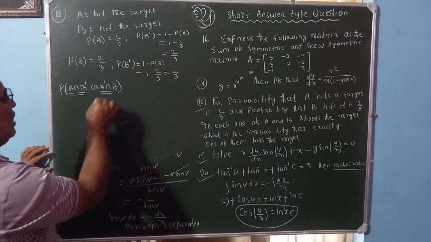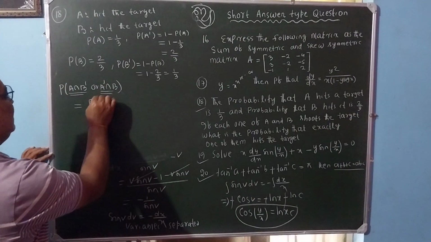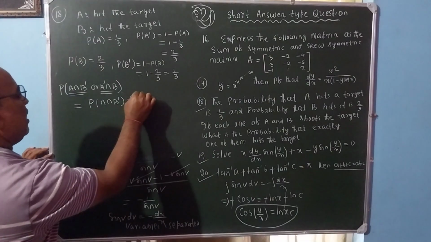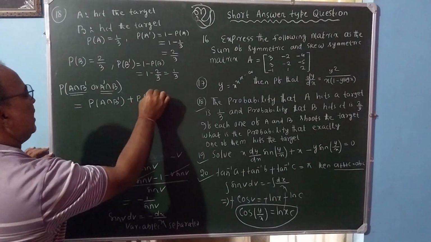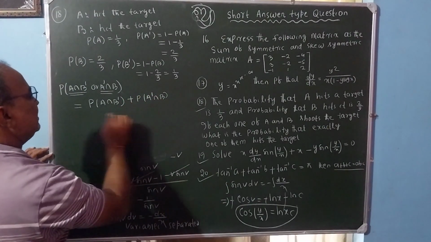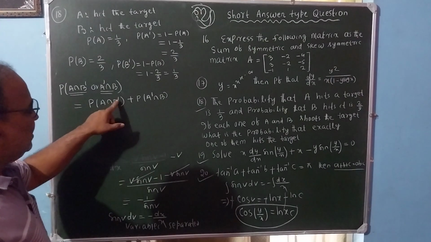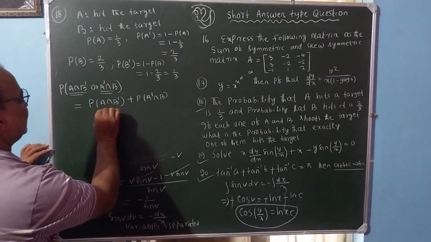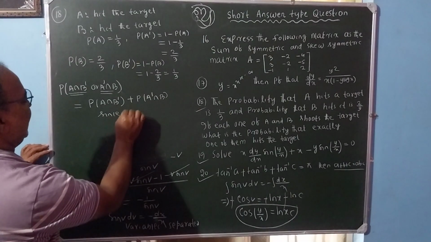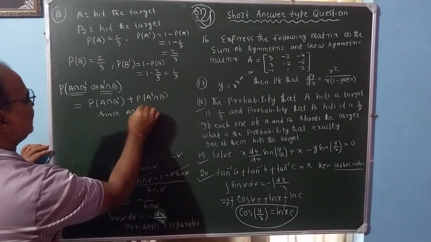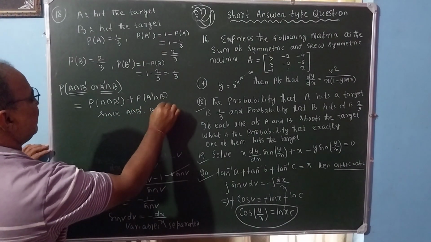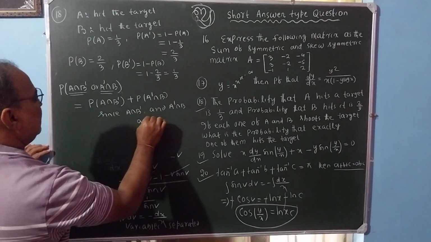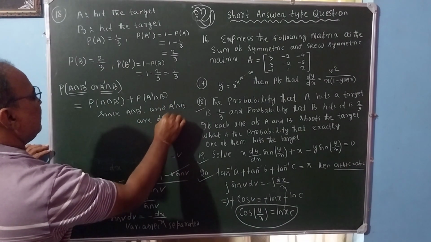So it is a mutually exclusive event. So it is probability of A intersection B dash plus probability of A dash intersection B. Since A intersection B dash and A dash intersection B are mutually exclusive, they are disjoint events.